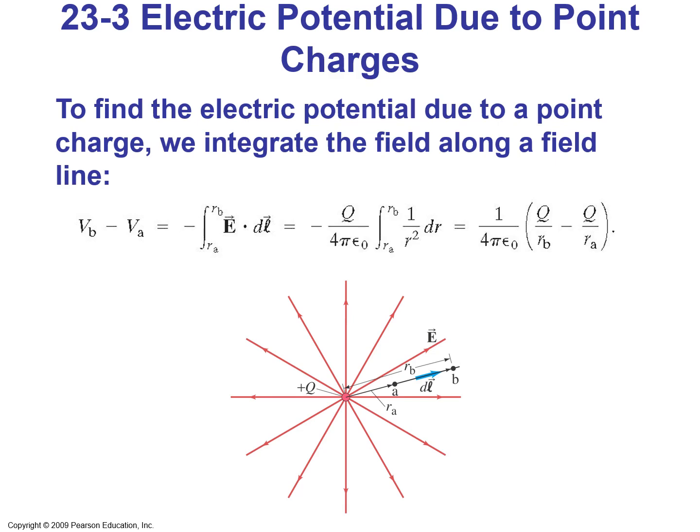That is equal to minus Q divided by 4 pi epsilon naught, the integral from RA to RB of 1 over R squared dr. And that gives us 1 over 4 pi epsilon naught, which is the constant K, multiplied by Q times 1 over RB minus 1 over RA.